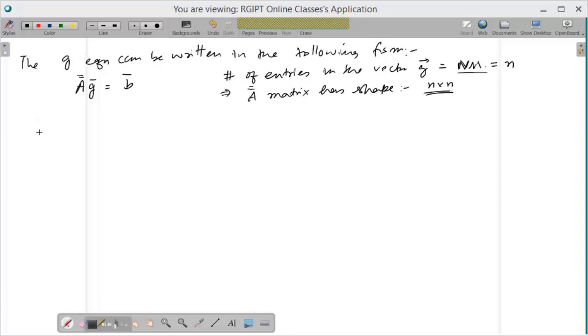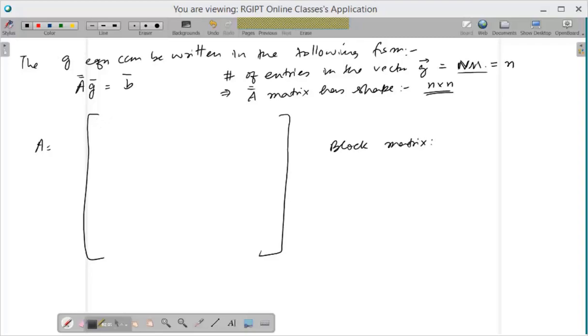Okay. And that A will be having a particular form that can be represented as a block matrix. I'm going to write this just like a block matrix. Block matrix meaning what? Each element is actually a matrix itself.